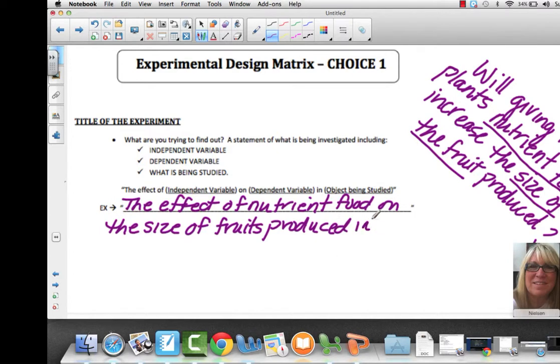And we'll pick a species of tomato plants. We'll say Roma tomato plants. Those are the plum tomato plants, the plum tomatoes that they use like in Italian sauce. Okay, so there is our title.